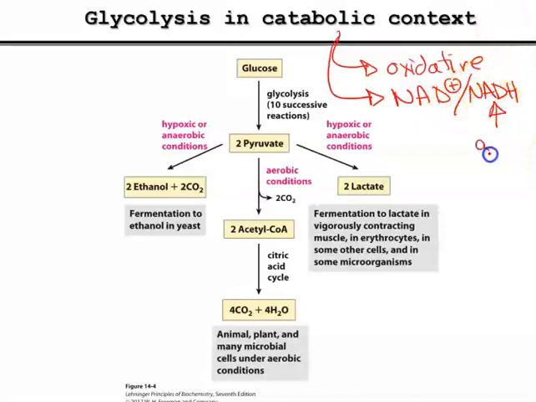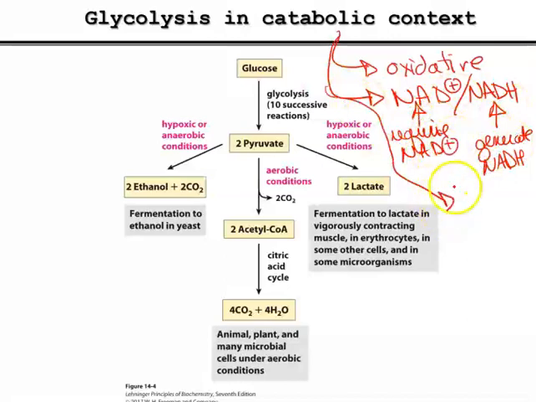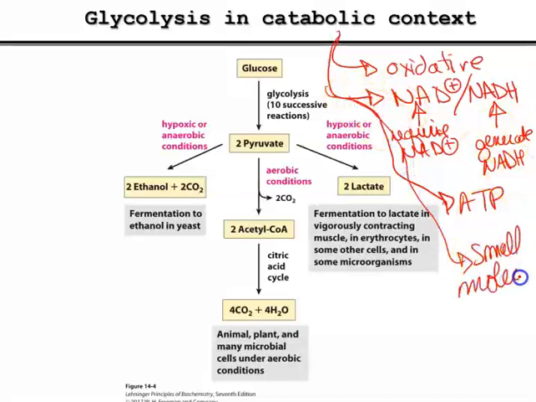So they generate NADH and they require NAD+, and we're able to recapture the energy from the bonds broken in catabolism to form high energy molecules like ATP. And of course, we are forming small molecules, and these tend to be convergent pathways. So we've covered all of the key buzzwords associated with catabolic pathways.